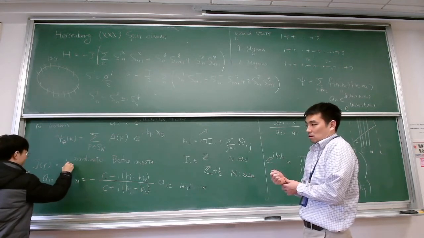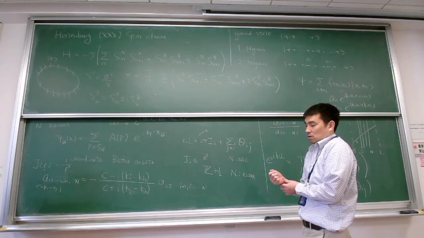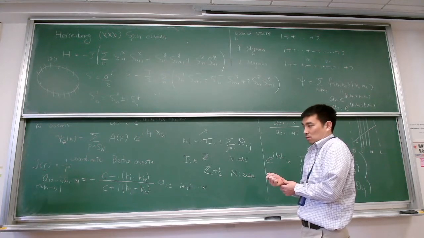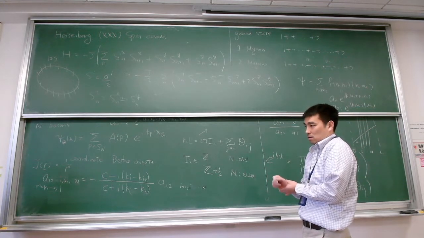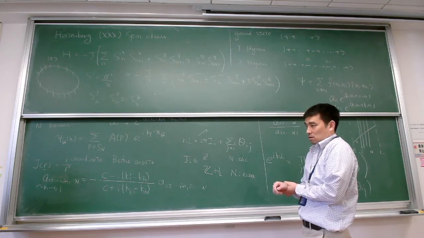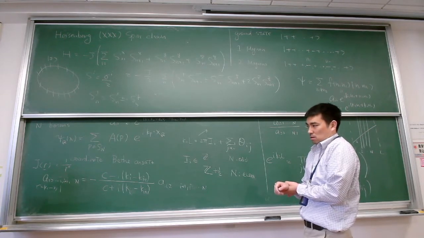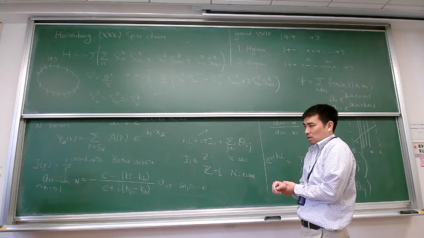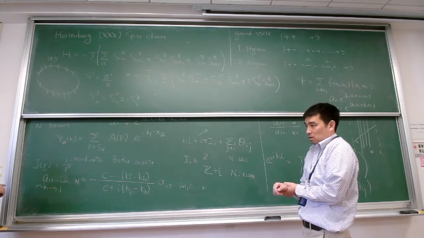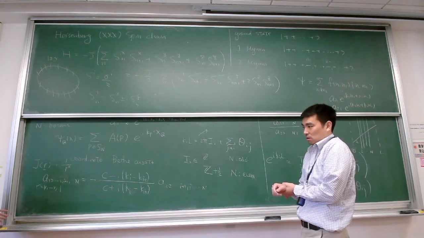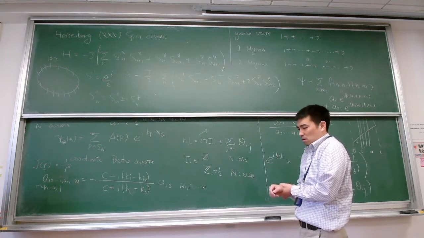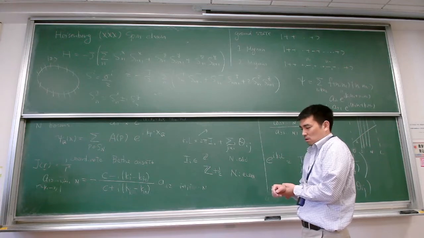So it is a long range model, and I'm thinking about whether this model can find some CFT to describe it. What is J? The coupling constant between the neighbors. So it is not a short range coupling. It's a long range. So it decays.